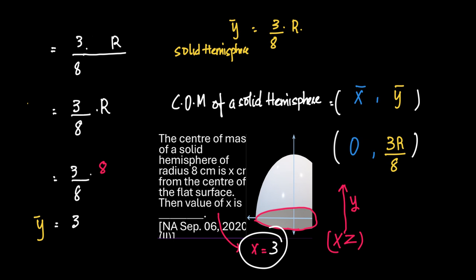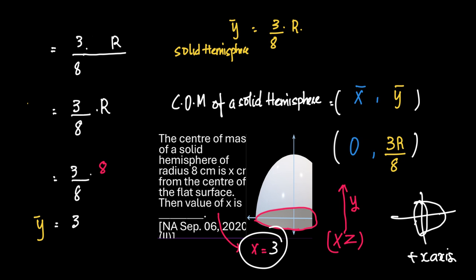It would be the other way around. It would be like this. The figure will be lying along like this, if it means along positive x-axis. But anyway, the final answer wouldn't vary. It would still be 3 by 8 into r.